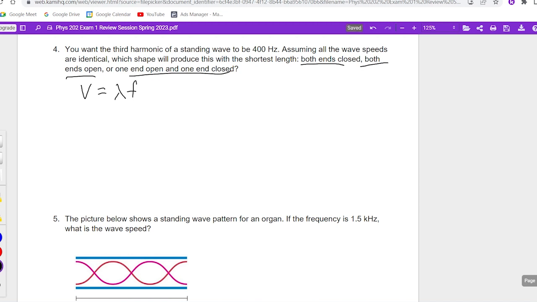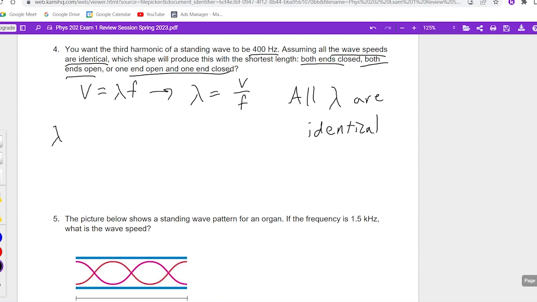They all have an equation for lambda, right? So in other words, let's solve this equation for lambda. Lambda equals V over F. And here's what we know about this problem. We know that all the waves are traveling at the same speed, they're identical, and all the frequencies have to be 400 hertz. That means all the wavelengths are identical as well.